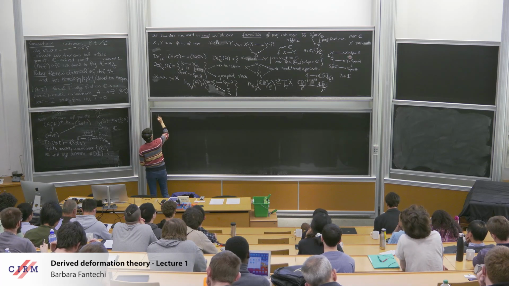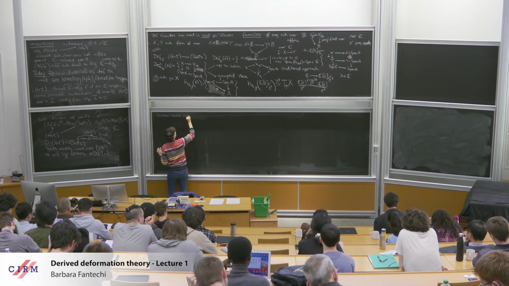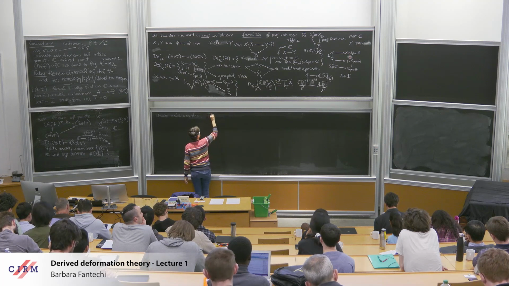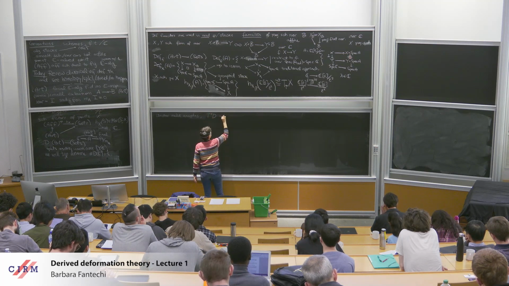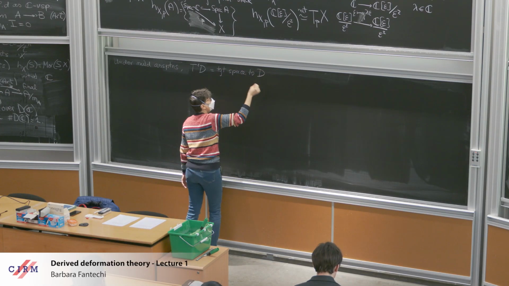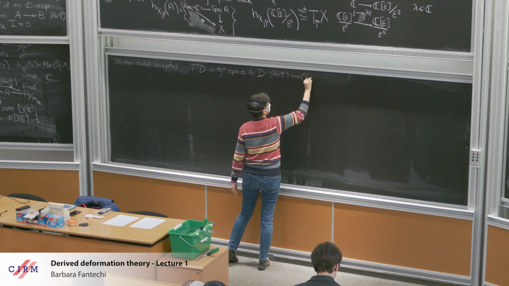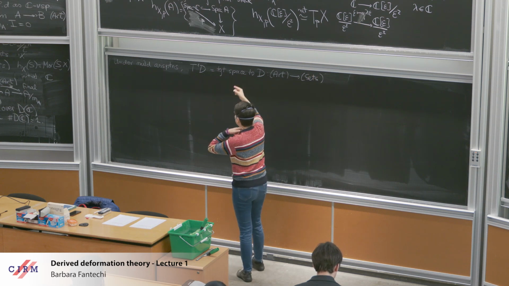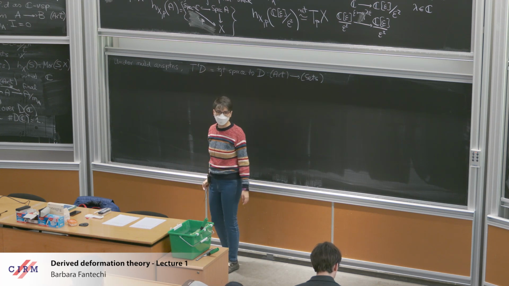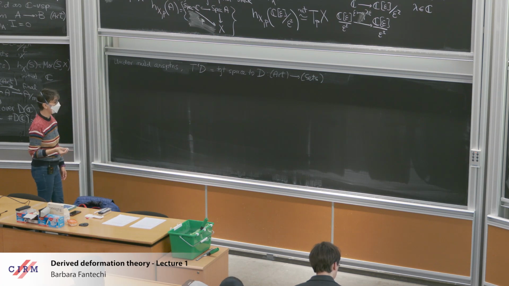So under mild assumptions, we can define T1D, the tangent space to D, any functor from, well, again, there are assumptions, and this is called the tangent space, and notice it has a 1. We will go back to this, why it's called 1, but let me give you examples.